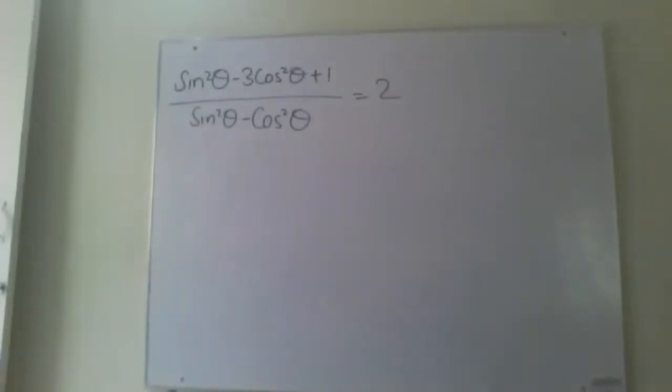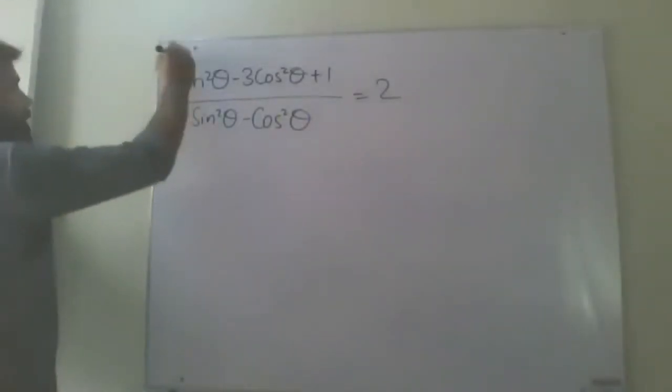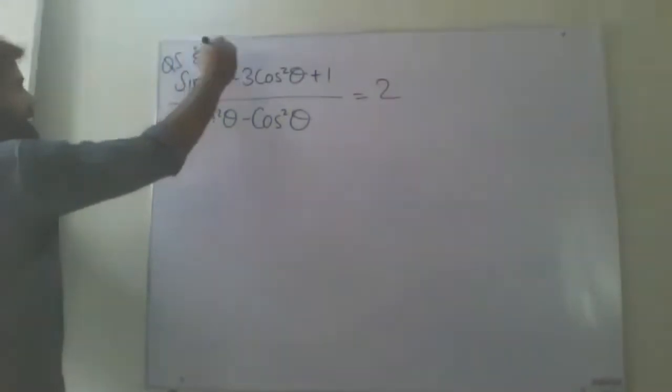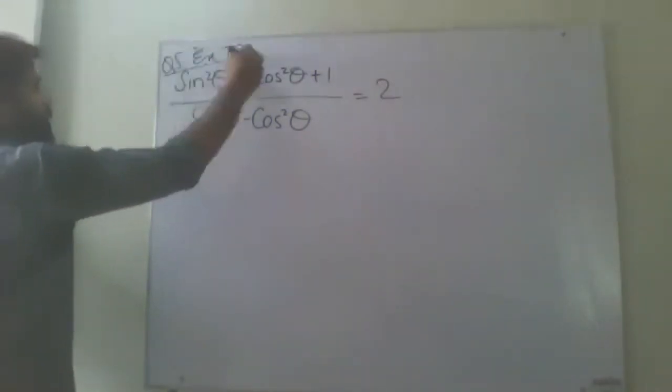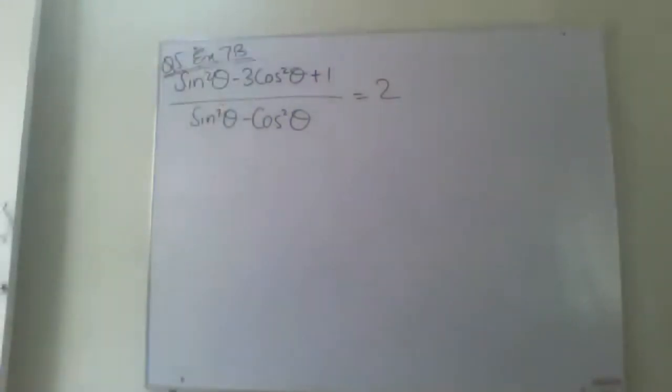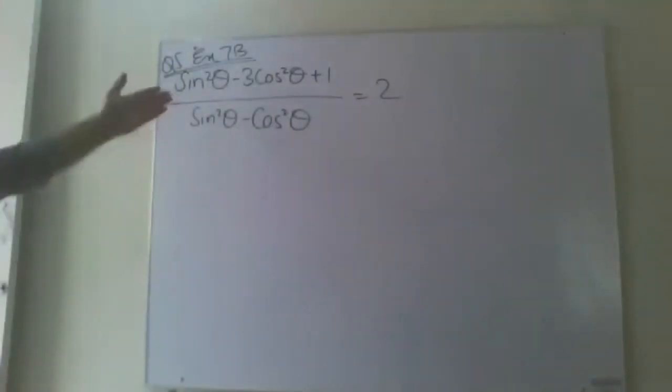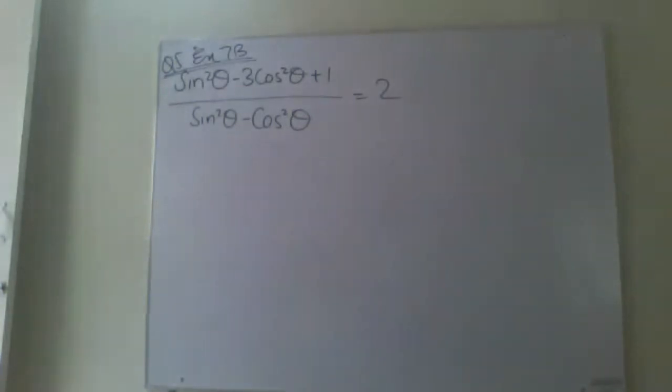This is question number 5 of the same exercise 7B from the same book which we are using, and I have to make left side equal to right side. On the left side I have this fraction, and on the right side I have a simple 2.